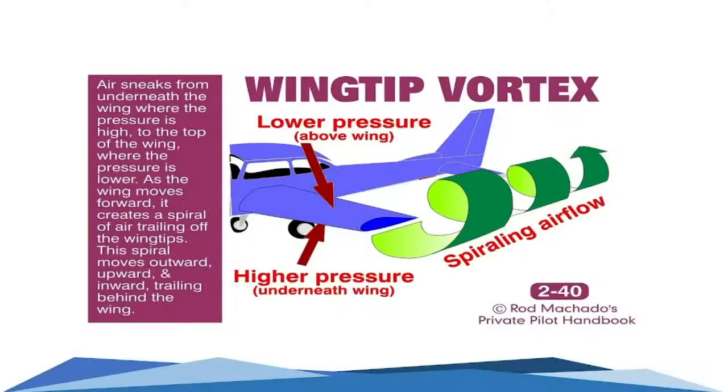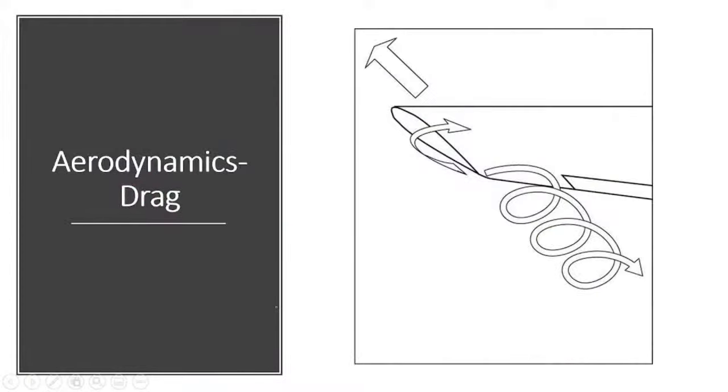What ends up happening with the wingtips is, because we have lower pressure on the top of the wing and higher pressure on the bottom of the wing, as we talked about before in generating lift, the air from underneath the wing where the pressure is high starts to move forward, and then it starts to spiral off of each one of the wingtips on the left side and the right side.